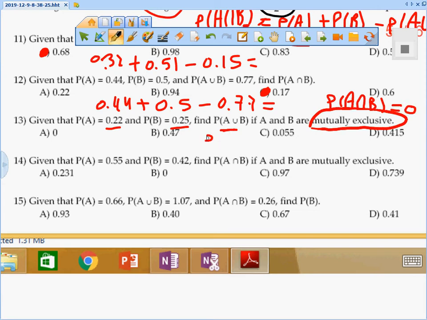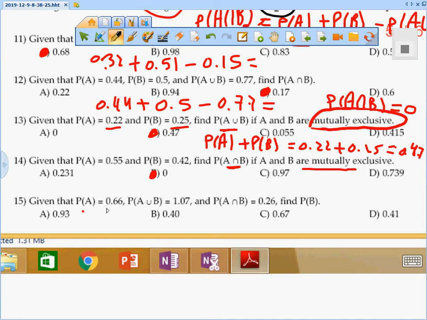So the union in this case is equal to the probability of A plus the probability of B, which is 0.22 plus 0.25, which is 0.47. The second one says that A and B are mutually exclusive and we want to find the intersection. Directly, it's what? 0, because when mutually exclusive, the intersection is 0.